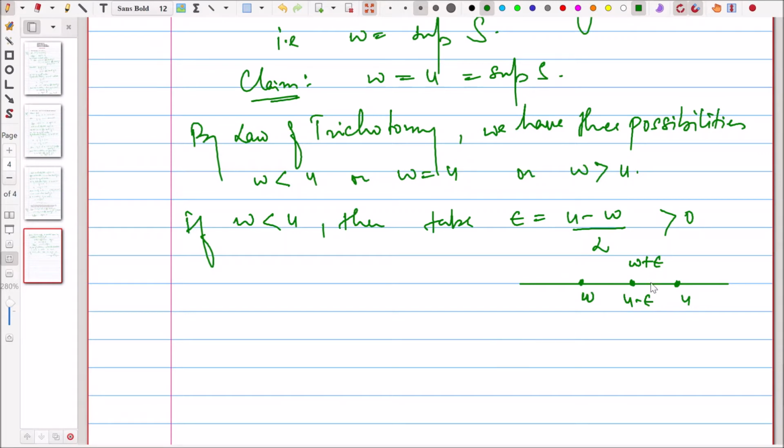Then we will find a number U minus 1 by n somewhere here, and by the given hypothesis we know that this number is not an upper bound of S. So it will contradict the fact that W is an upper bound of S.